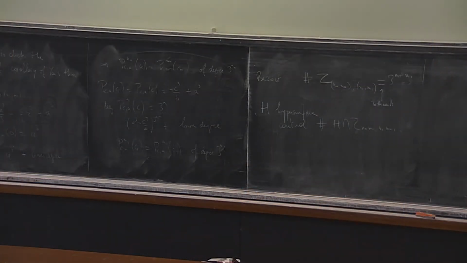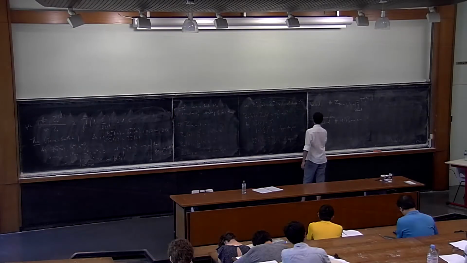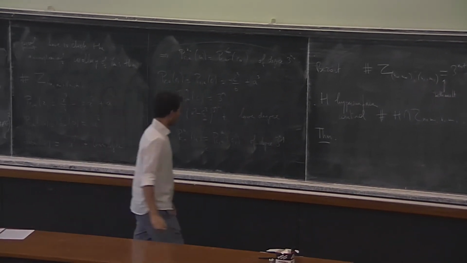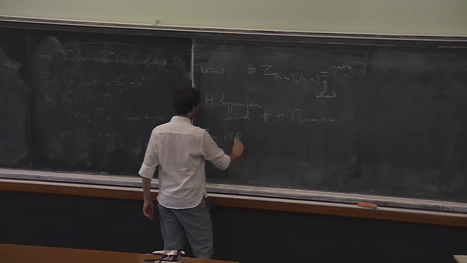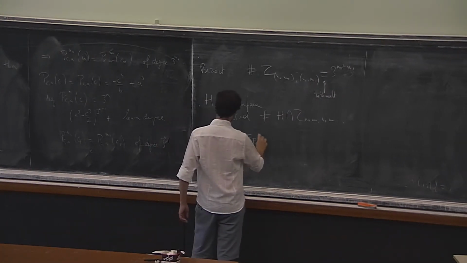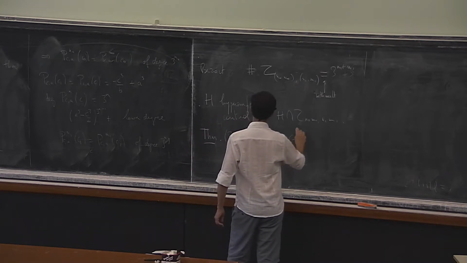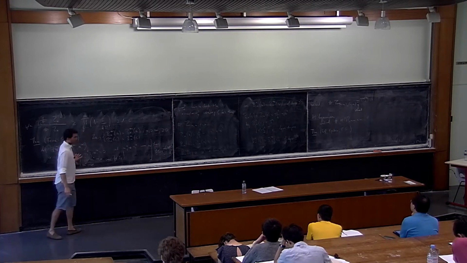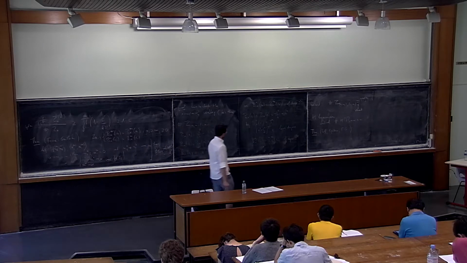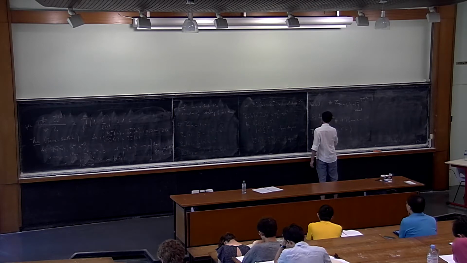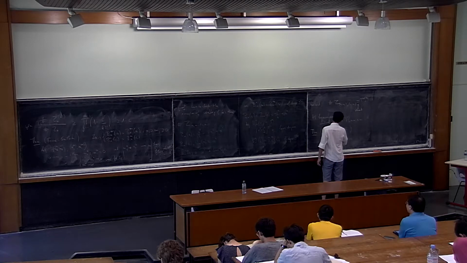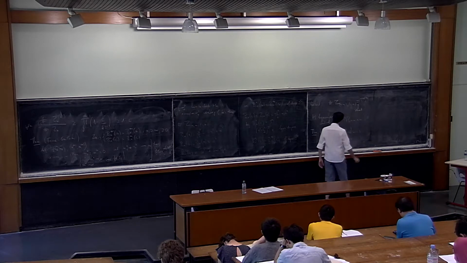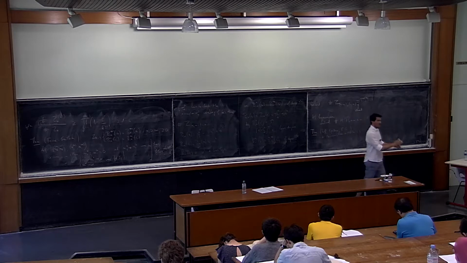So we use a dynamical theorem which is due to Buff and Epstein, and also to Favre and Gauthier. The theorem says that under the assumptions on the N_i and the M_i, all these intersections are smooth and transverse.